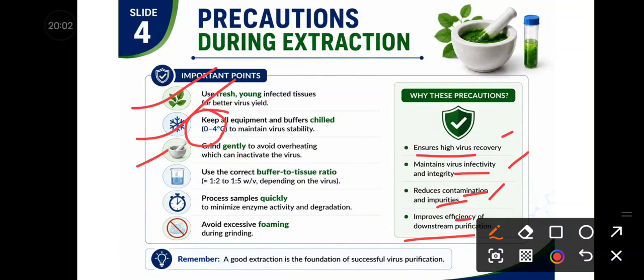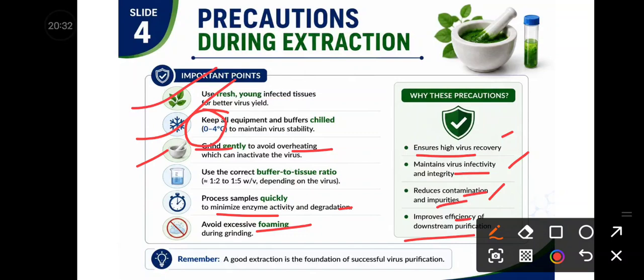Then what are the precautions during grinding? Grind the sample very gently. Don't overheat the mortar and pestle. Okay, avoid foaming also. Do things very quickly, because if you process the sample quickly, it will minimize the enzyme activity, because for enzyme activity proper timing is needed.